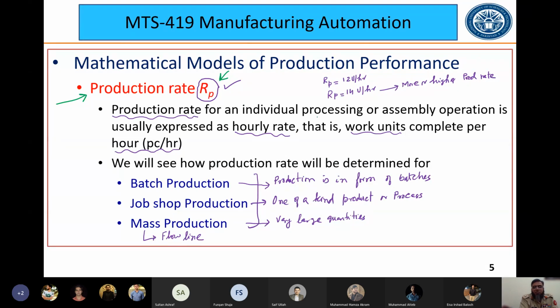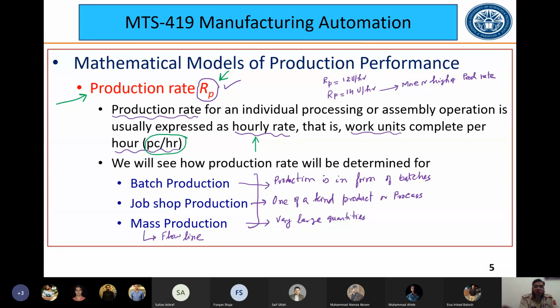Production rate of an individual processing or assembly operation is usually expressed as hourly rate, that is work units completed per hour, and it is given in pieces per hour. So this is actually the hourly rate of work units produced. I repeat. So production rate is the hourly rate of work units produced.